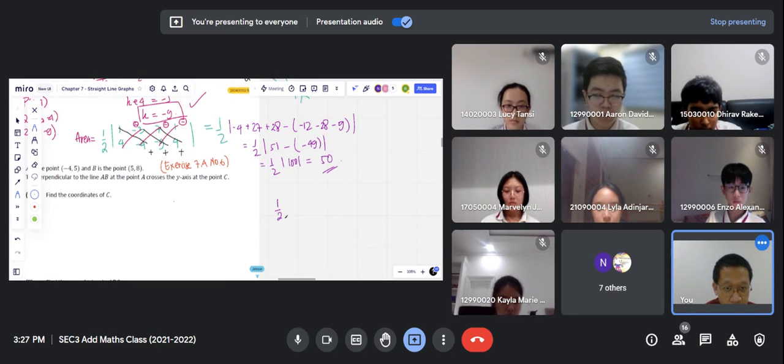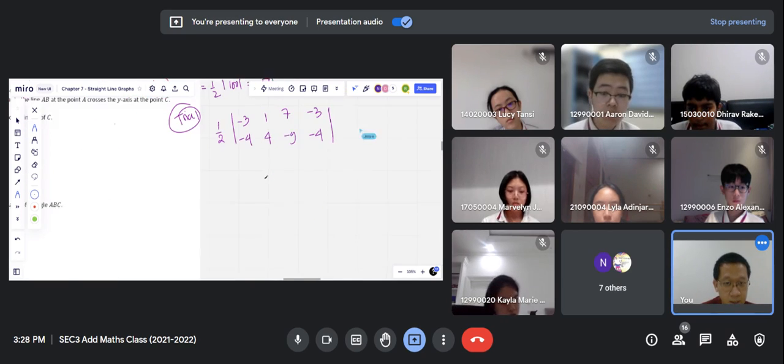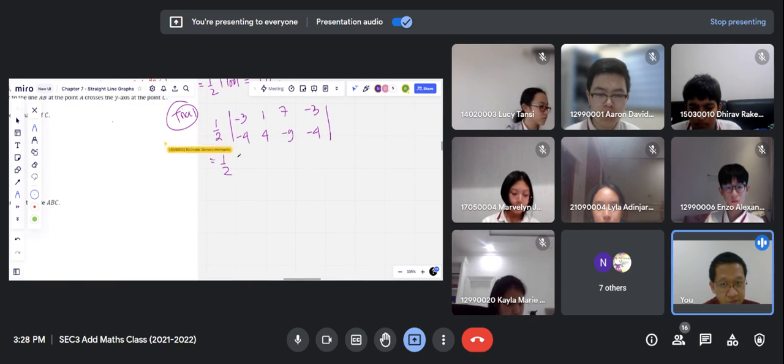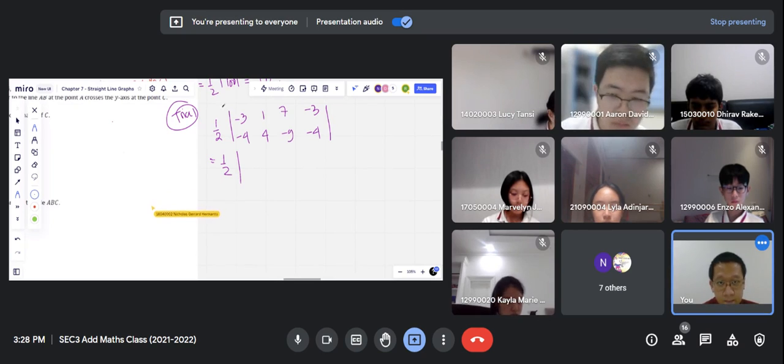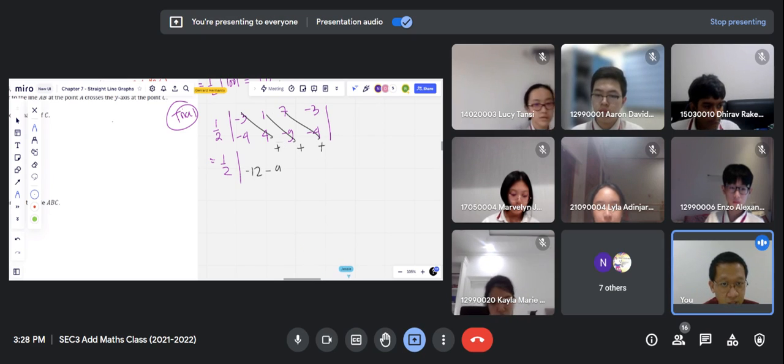For example, I put the half and then negative 3, negative 4 first. Then 1, 4, 7, negative 9, negative 3, negative 4. This is a trial. Okay, then let's do it. Half, then we do the same thing, right? This first, plus, plus, plus. So we get negative 12, negative 9, negative 28.